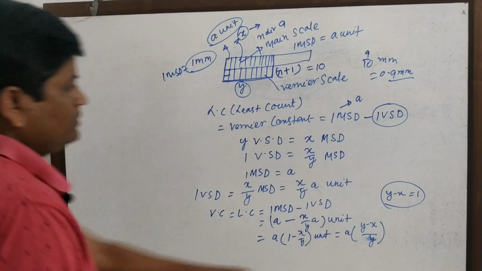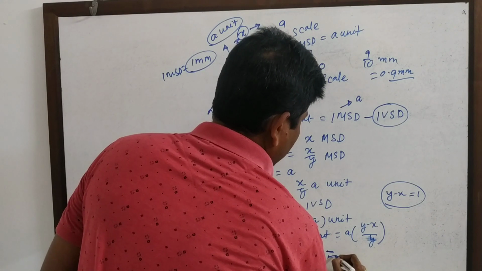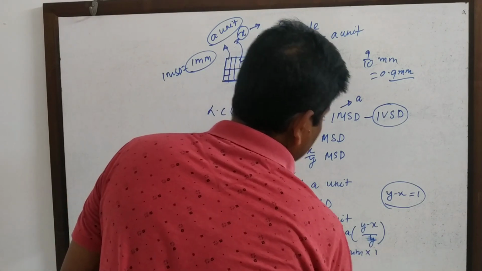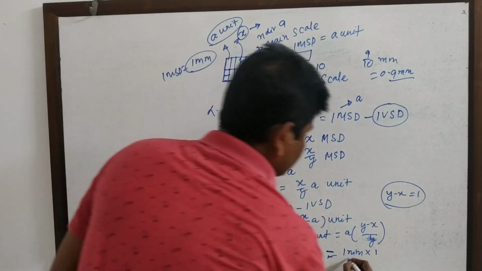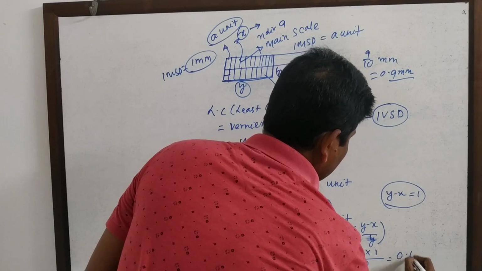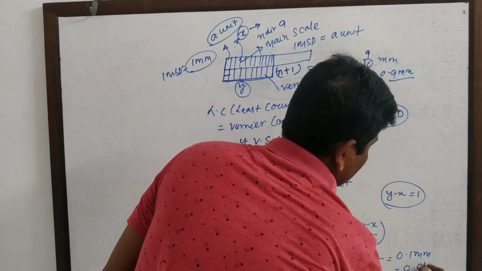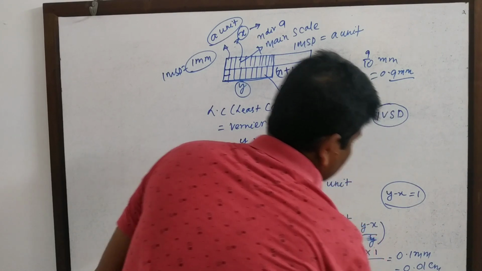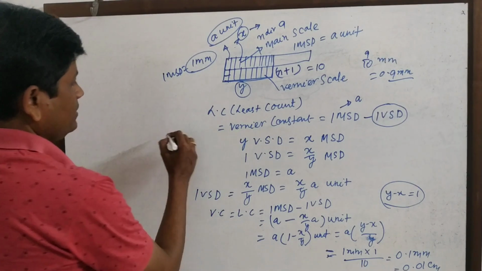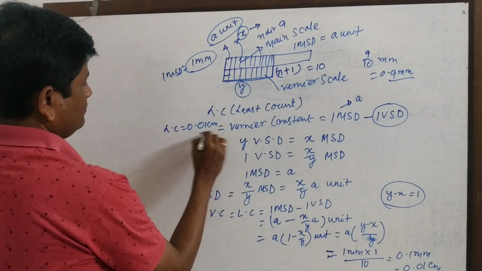Then putting the values here, A is equal to 1 mm, Y minus X is equal to 1, number of divisions is 10, so this is equal to 0.1 mm, which is 0.01 cm. The least count of this vernier scale is 0.01 cm.